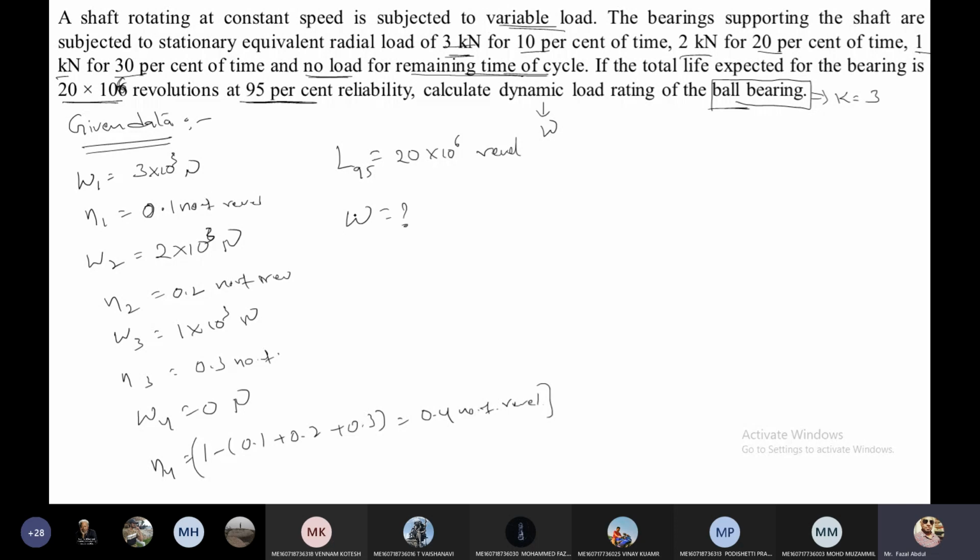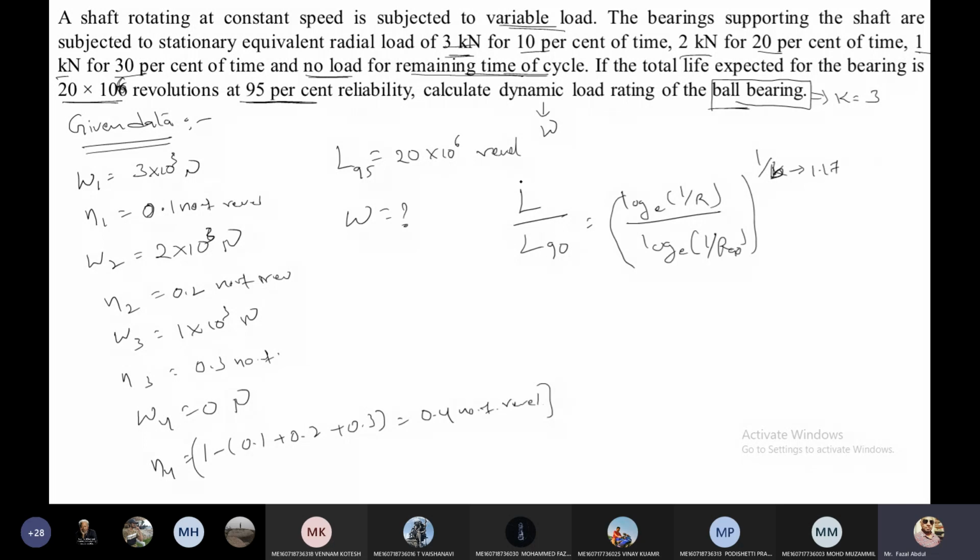So we know that one relation we have: L by L90 equals log E into 1 by R by log E into 1 by R90, power 1 by B, here B is 1.17.